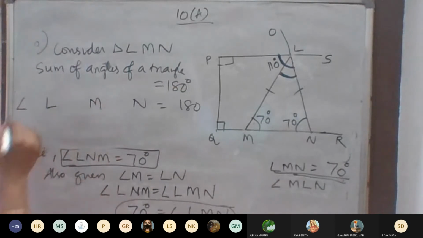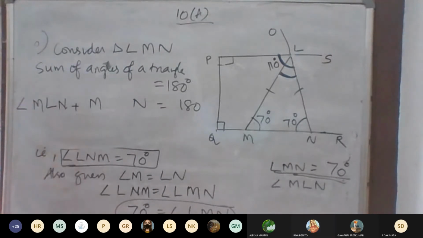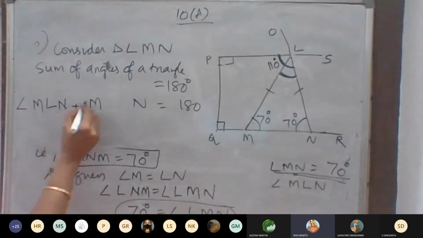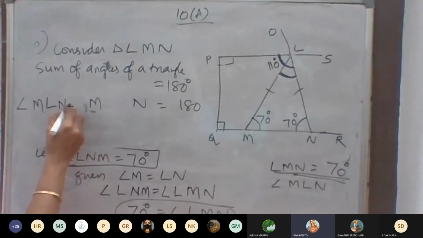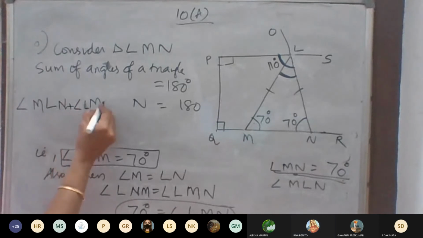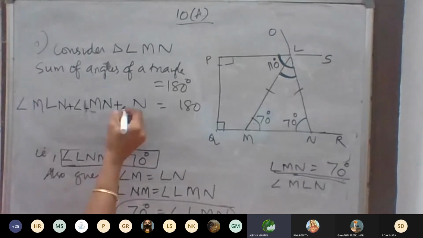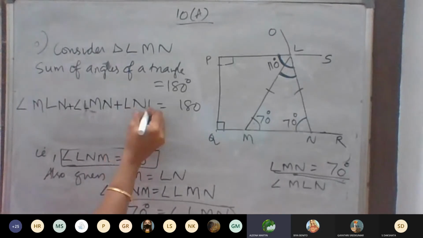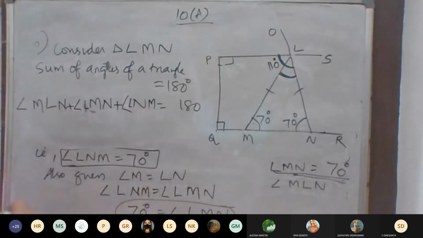That is angle MLN. Write properly: angle LMN plus angle LNM, and angle MLN, which we have to find out.